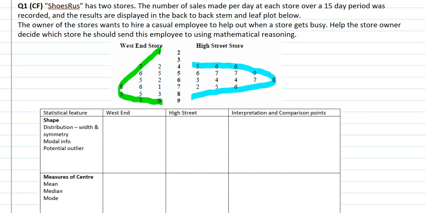For the West End store, to me, you can see that values are pushed towards the higher values, so I would make the comment that this would be negatively skewed.